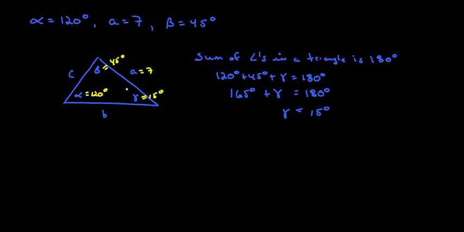Now I want to find B and C, the remaining two pieces. I already have what gamma is. If we solve this triangle, we'll need to use the law of sines, and we'll take a ratio that we already know.